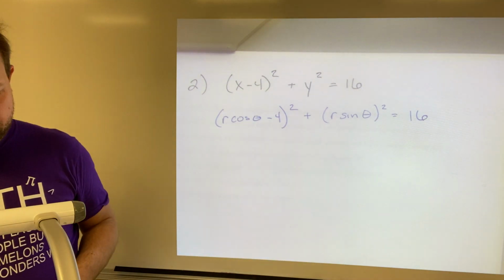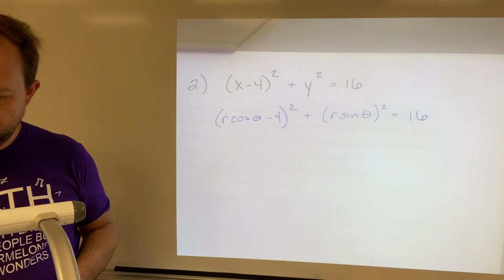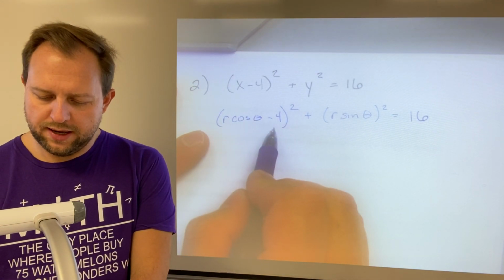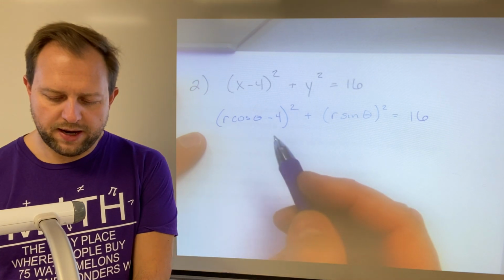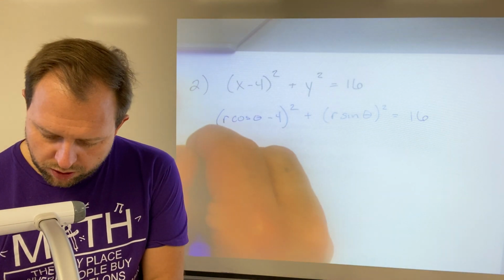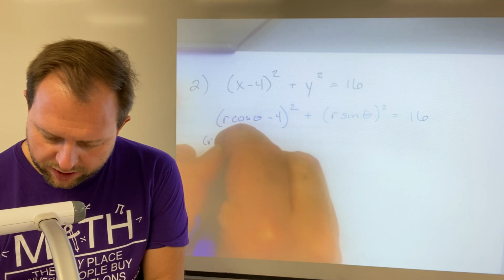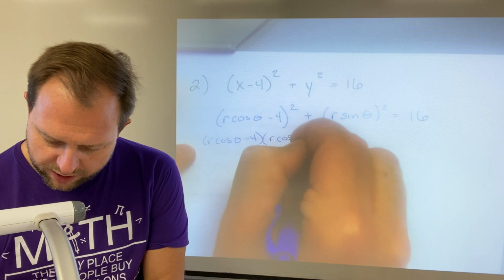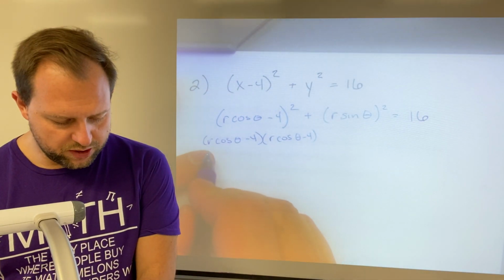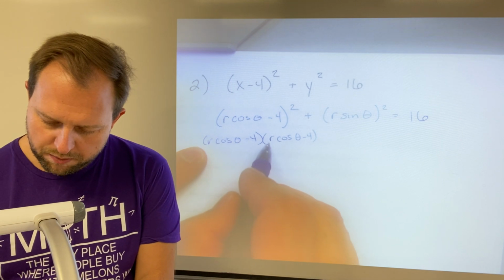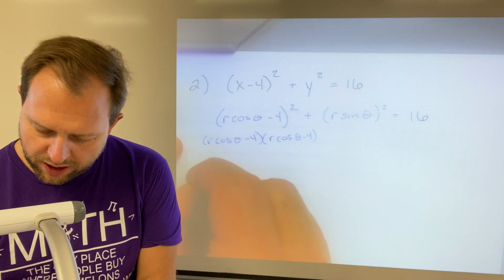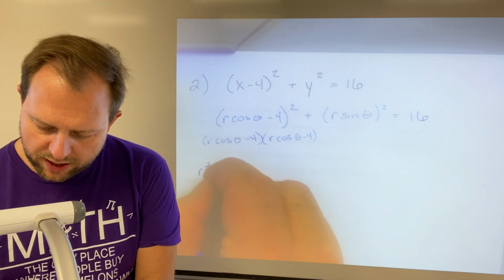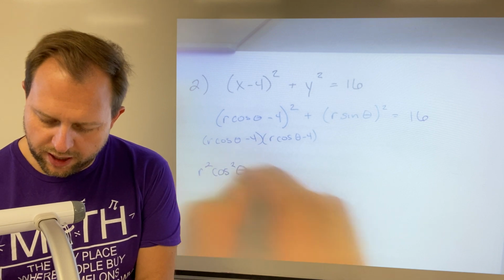Next thing we have to do is evaluate those. When we evaluate this, we need to basically FOIL it out. So we're looking at (r cosine theta minus 4) and (r cosine theta minus 4). First term times first term: r times r is r squared, cosine times cosine is cosine squared theta.